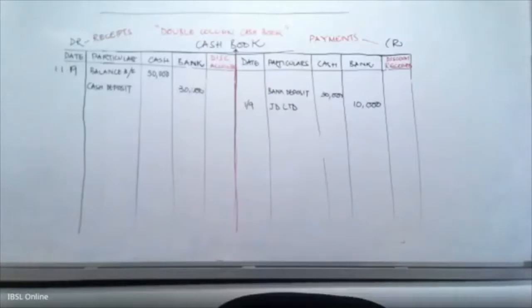He is not giving it to you in cash form. He is giving it by way of a check. So this is where you have to remember a special characteristic with regard to this particular transaction.